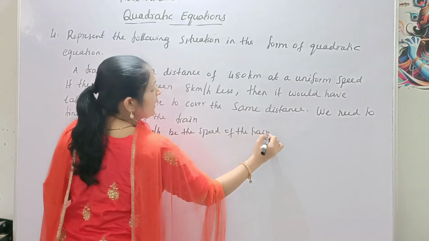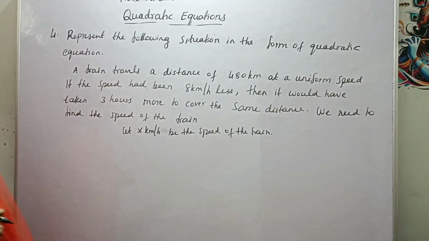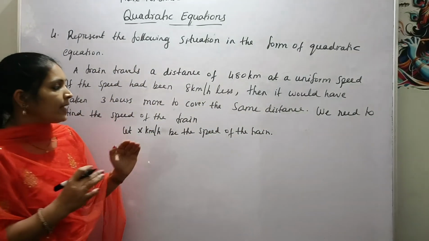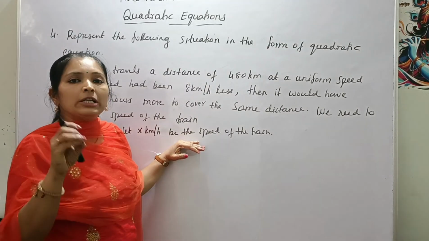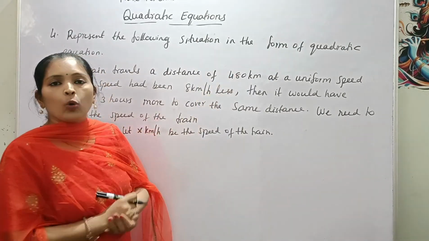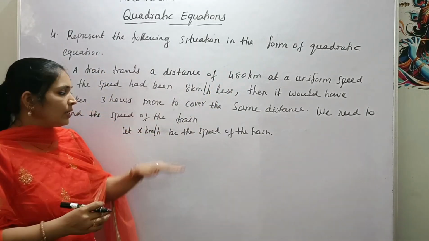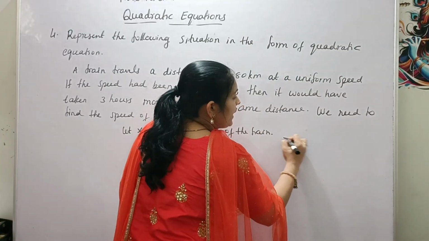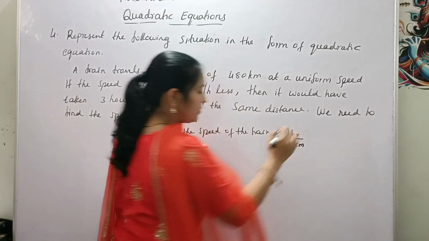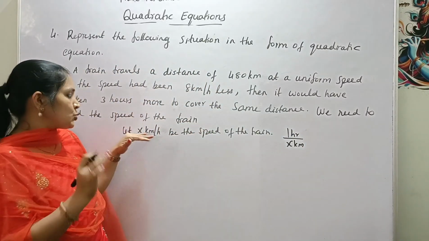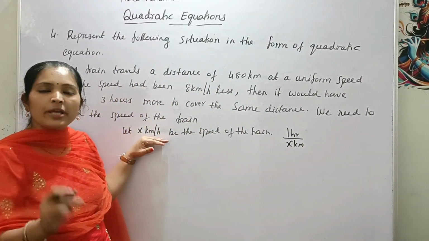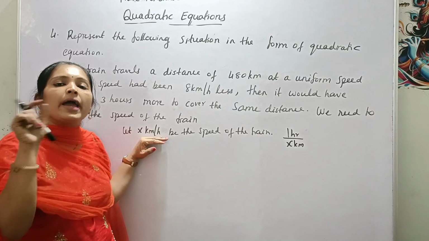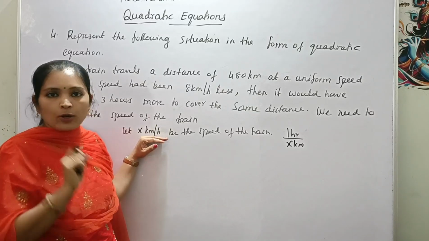Then if x is the speed of the train, how much time will it take to cover 480 kilometer distance? For x kilometer, it takes 1 hour, right? Speed x kilometer per hour means for 1 hour it travels x kilometer.